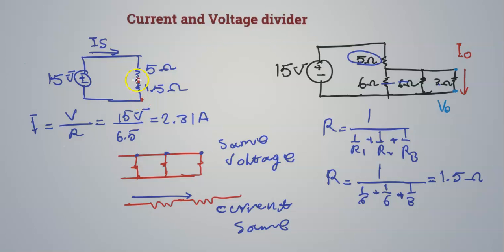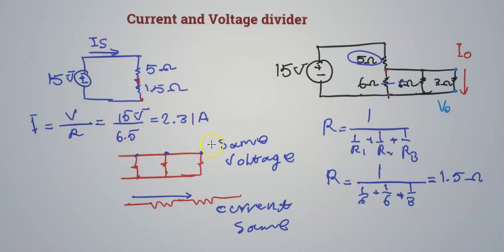When you find the voltage across these two points, it doesn't matter if there are multiple resistors or just one. That means the voltage is applied to each branch. That means the voltage of this circuit is equivalent to V naught.